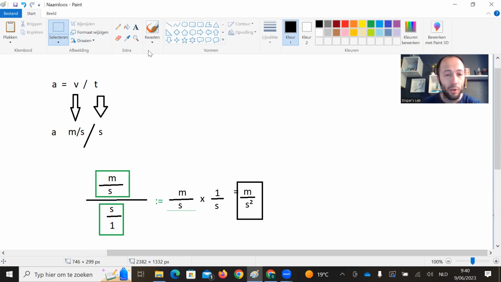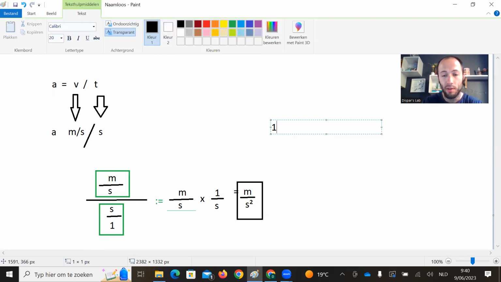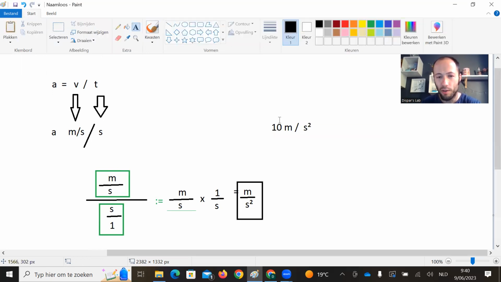So if you have, for example, 10 meters per second squared, that doesn't mean that you have to square the 10. That doesn't mean that the next second you're going 100 meters, and the next second, 1,000 meters, and the next second, 10,000 meters per second.